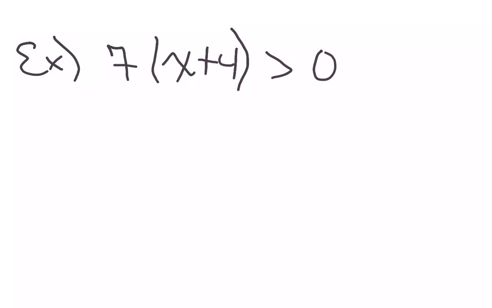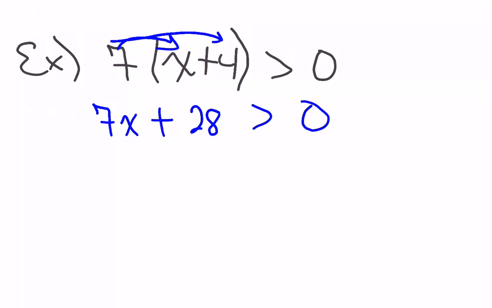Another example. Solve the inequality. 7 times the quantity x plus 4 greater than 0. All right, so here we have to distribute the 7. So 7 times x is 7x. 7 times 4 is 28.